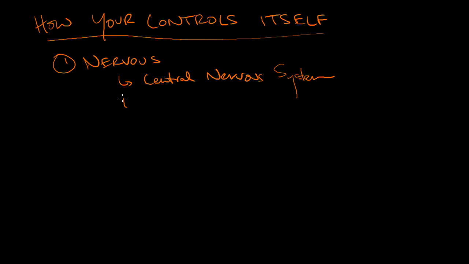There's the central nervous system and the peripheral nervous system. I just want to give you some context for when we come back and talk about this a little later. So we've got the central and peripheral nervous system, and there are other branches like autonomic and non-autonomic phases or systems.